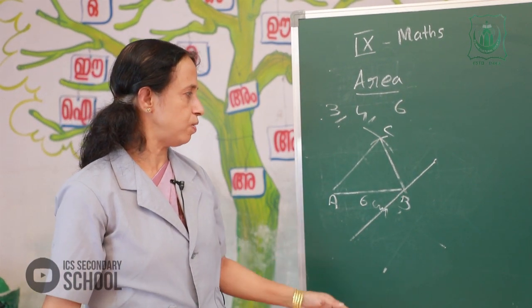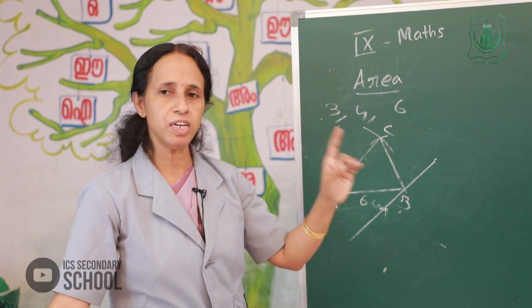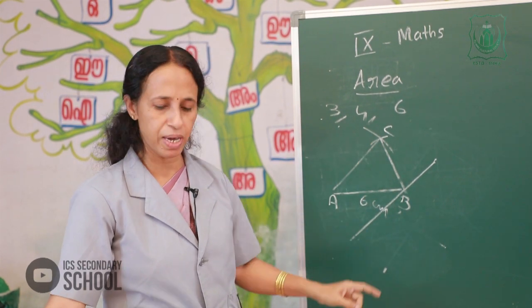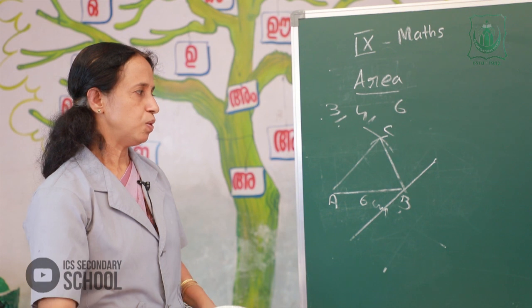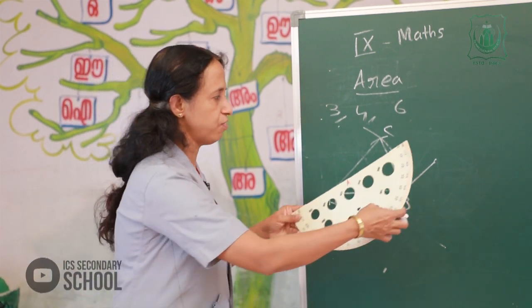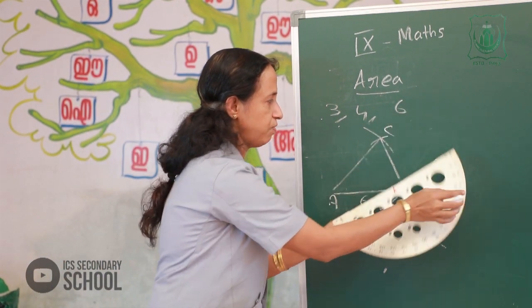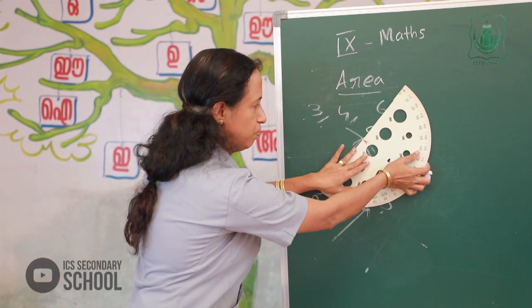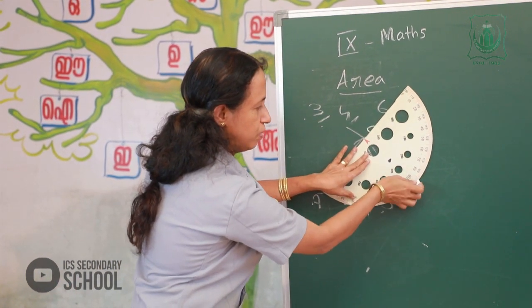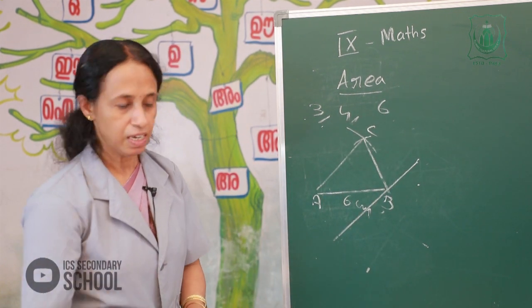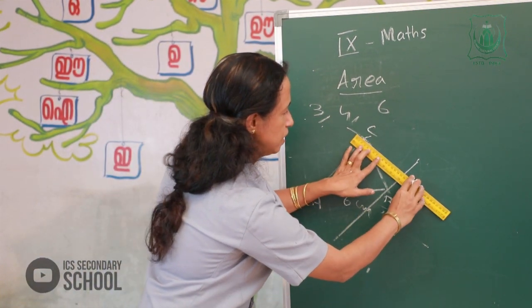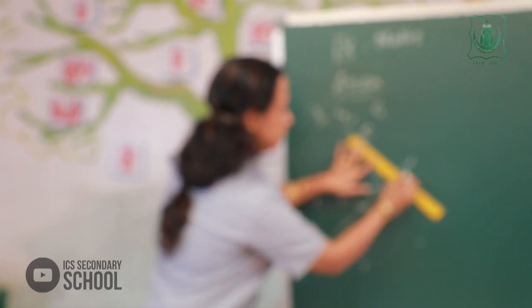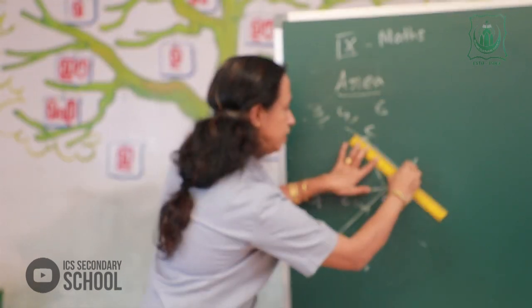Draw a perpendicular from another vertex, C or A. Here the angle is 90 degrees.